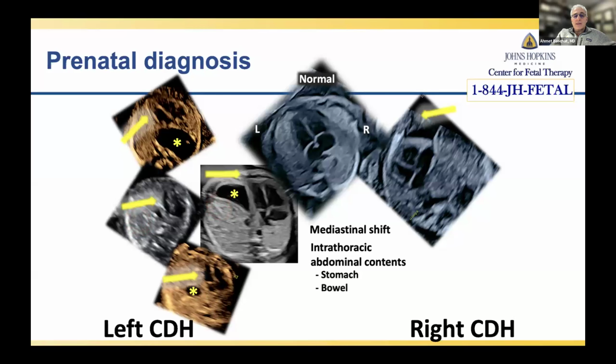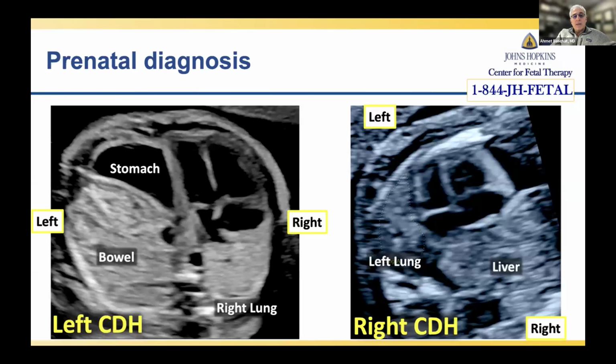The abdominal contents, again, depend on the side of the hernia. There are also some other findings, particularly with right-sided hernias: about 10% have pericardial effusion. With left-sided hernias that percentage is a little bit lower, but it is due to the intrathoracic herniation of abdominal contents as well as fluid.